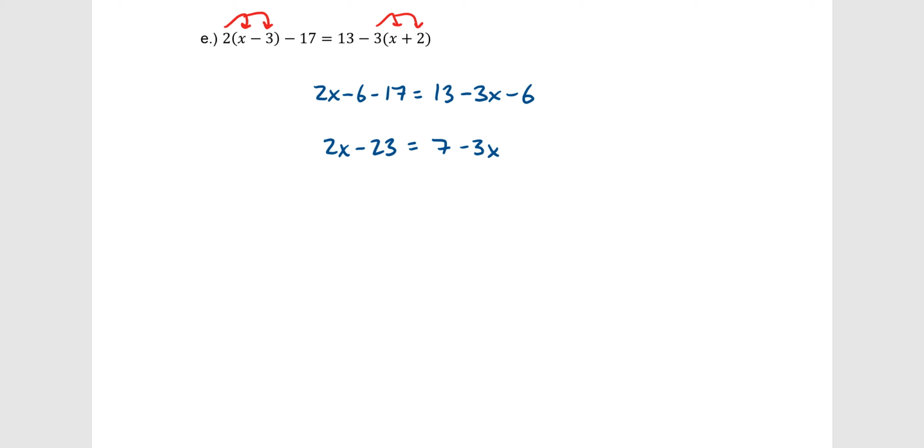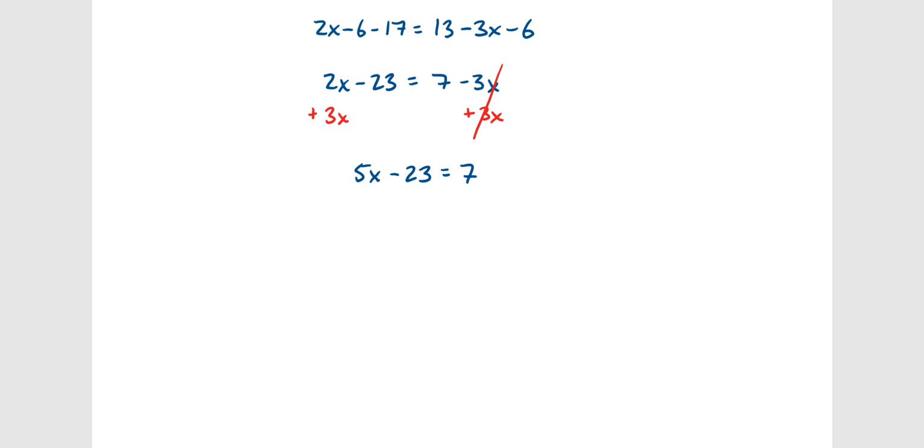So I'm going to get the variables on the left. To do that, we have to add 3x to the left-hand side. We added it because it was being subtracted on the right, so opposite operation. So it cancels over here. 2x plus 3x is 5x. So that's 5x minus 23 equals 7.